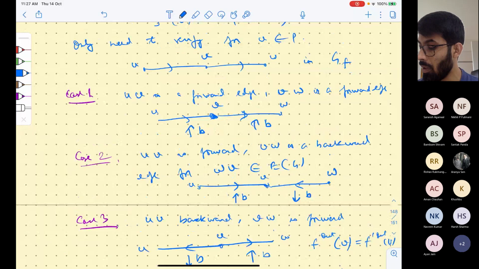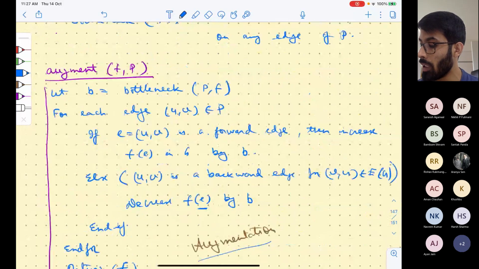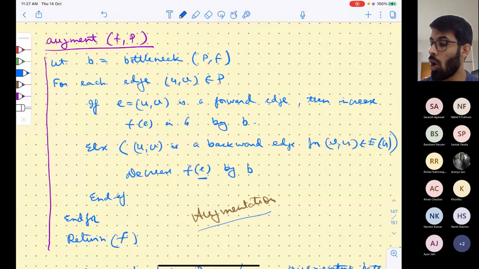So let's first look at the augment procedure and how much time this can take. Augment already has found a path, so we'll look at finding the path separately. But for each edge of the path, it does something. And how many edges does the path have? It has at most n minus 1 edges.